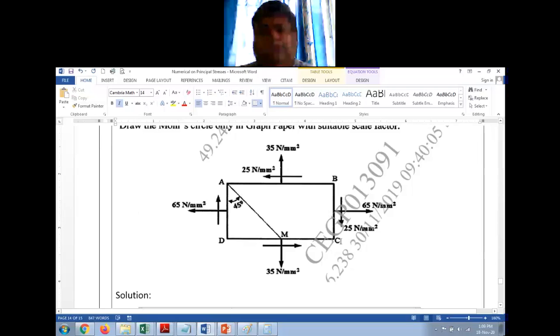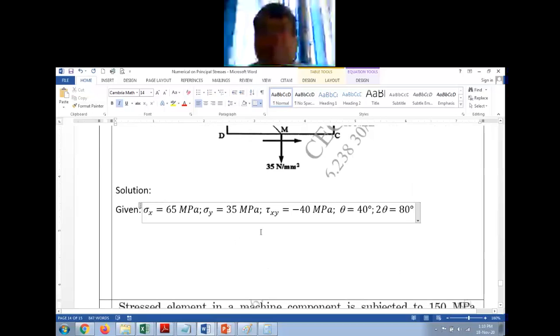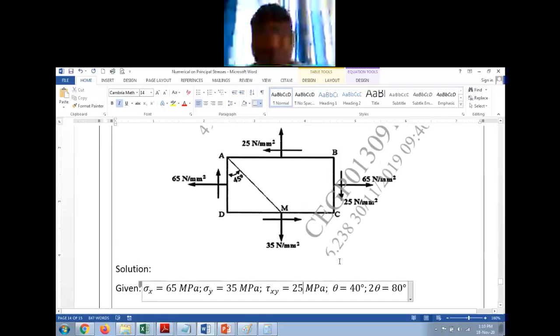So what you can do in such cases, you assume it as positive, or always take the direction with respect to the major or the normal stress in the x axis, right? With respect to x axis, this is downwards, this is upwards. So this is making a clockwise rotation. So it will be positive, clockwise is positive. So 25 megapascal.